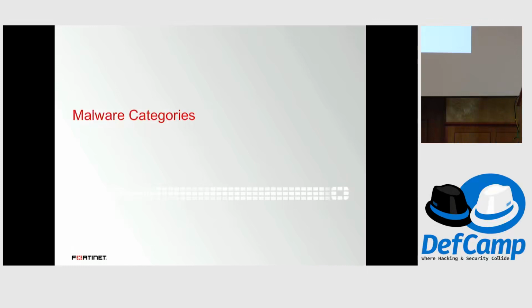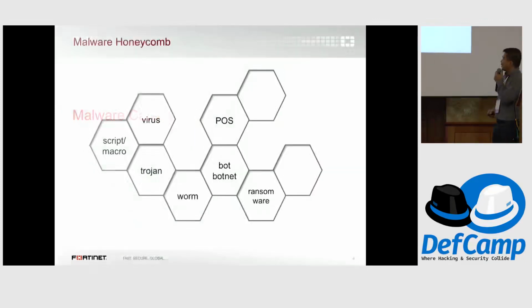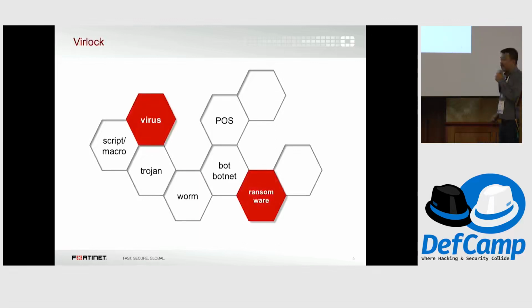We're going to talk about some ransomware. If you look at the different malware categories, we have viruses, POS, botnet, ransomware. But we're going to talk about ransomware that is also a file infector, which is a virus and a file infector and a ransomware. Most of the time, ransomware just encrypts your files.